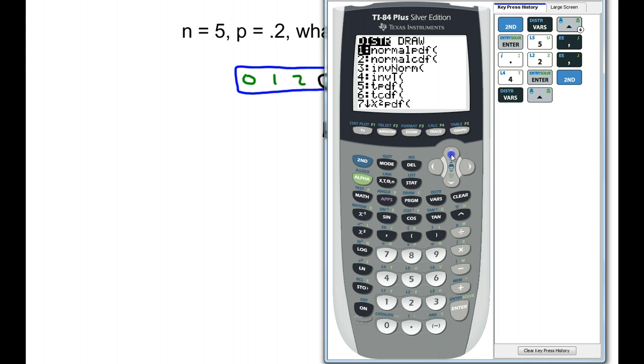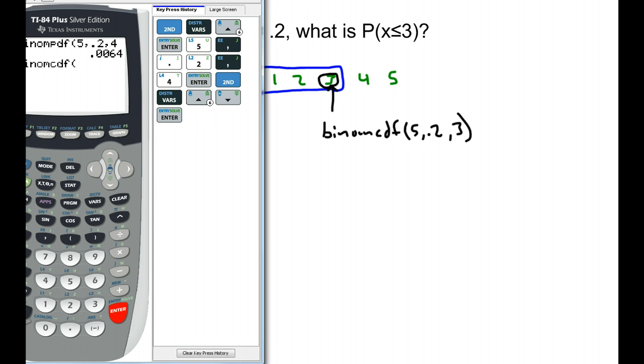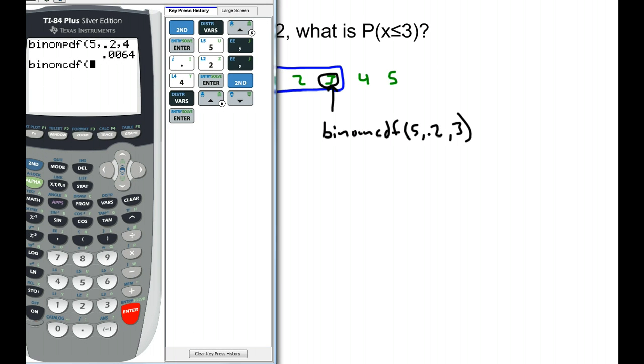Second vars, go up to my binomial CDF. Remember, C stands for cumulative, and you're accumulating multiple values here, so that's why we do CDF. We do 5, comma 0.2, comma 3, we said was our magic value of x.